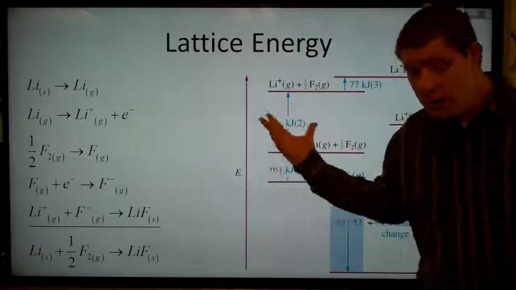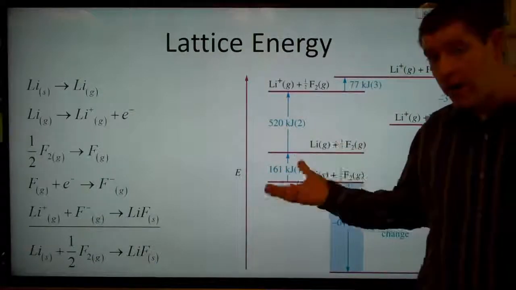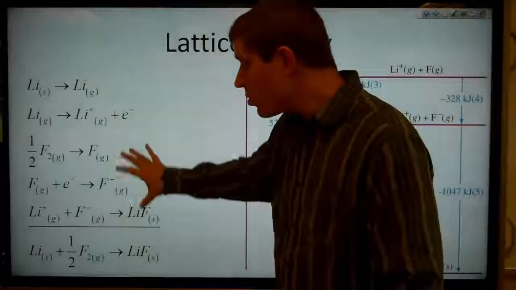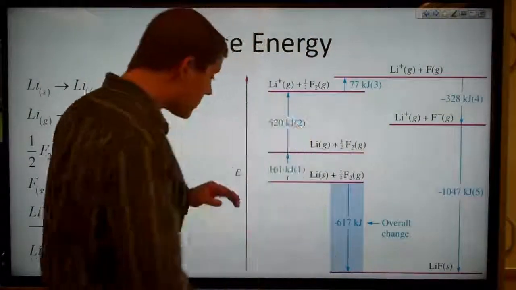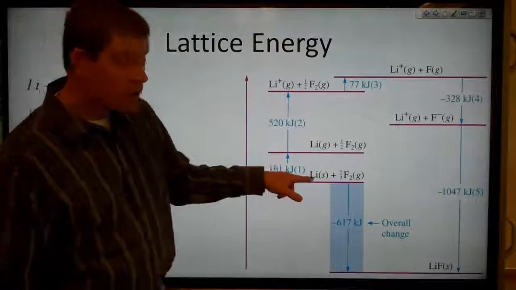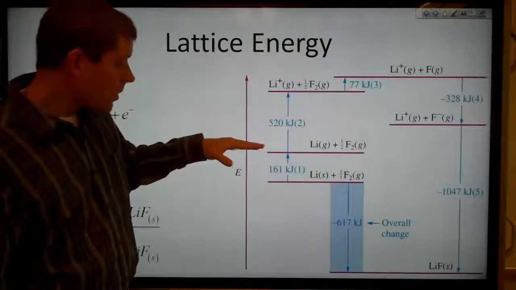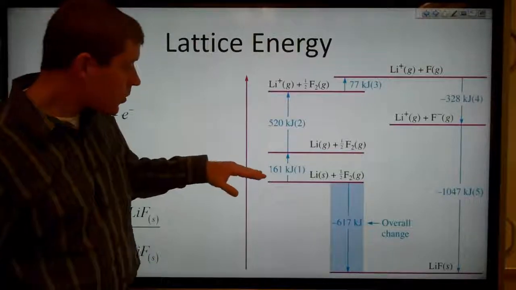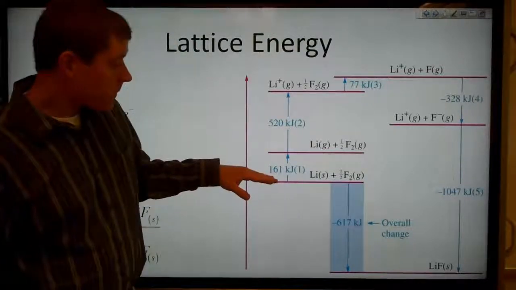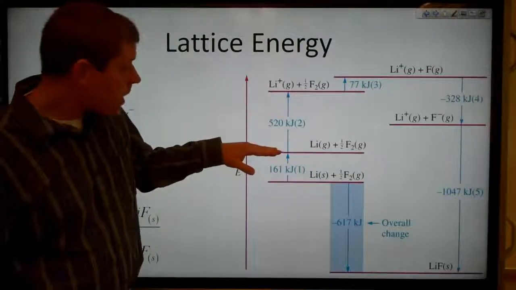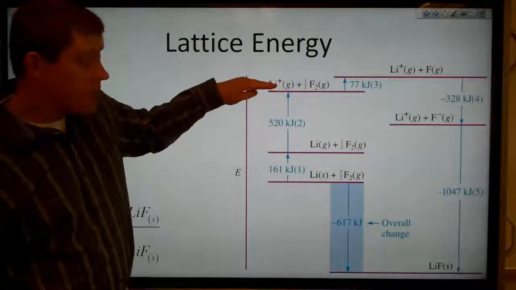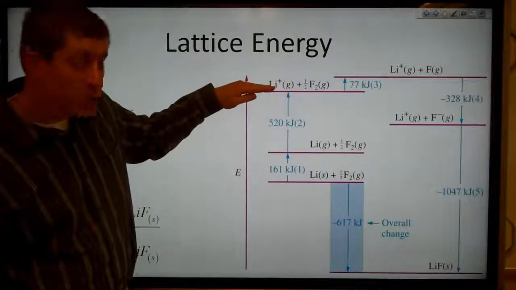So we can show this graphically, what happens energetically as we go through this process. We start out here with our solid lithium and gaseous fluorine. We have to add 161 kilojoules of energy to sublime our lithium. Then we have to ionize our lithium, and we have to add 520 kilojoules of energy.